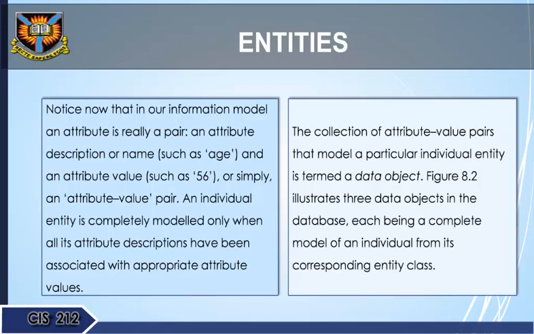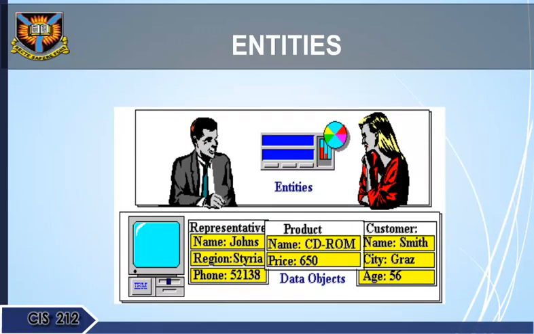The collection of attribute value pairs that model a particular individual entity is termed a data object. Figure 8.2 below illustrates three data objects in the database, each being a complete model of an individual from its corresponding entity class. See picture for more details.